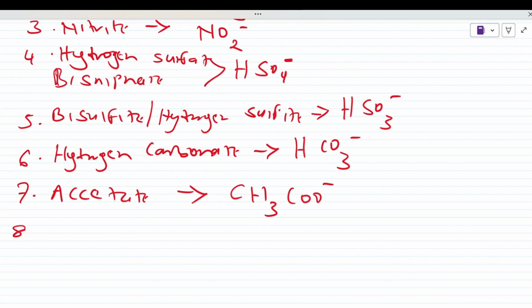And lastly, our number 8 is permanganate, written as MnO4 with the minus. All these are examples of monovalent radicals.